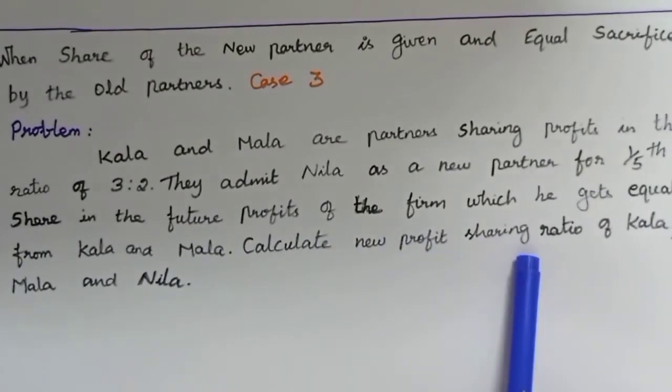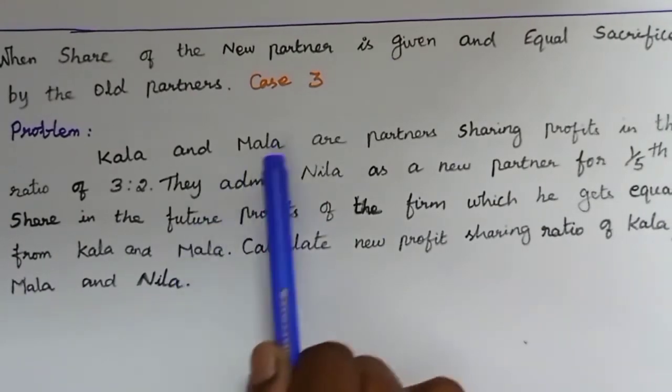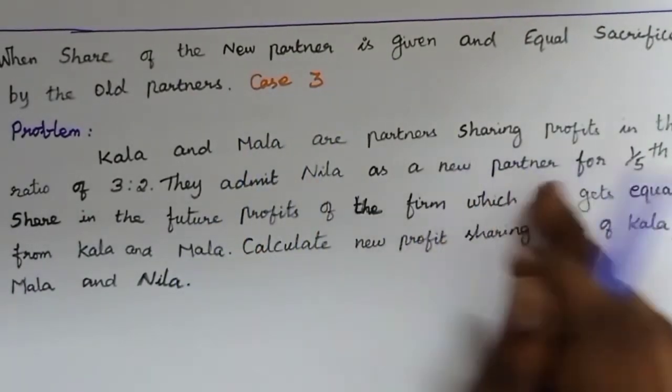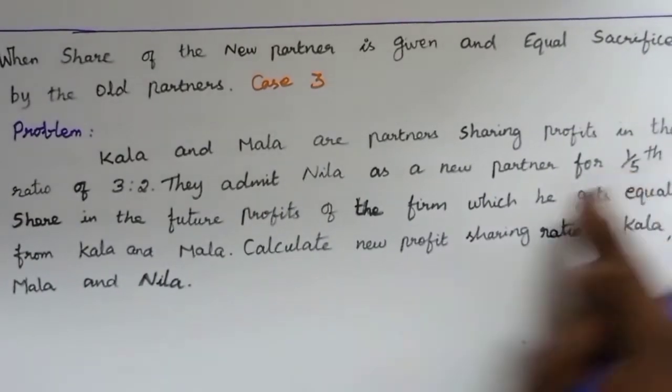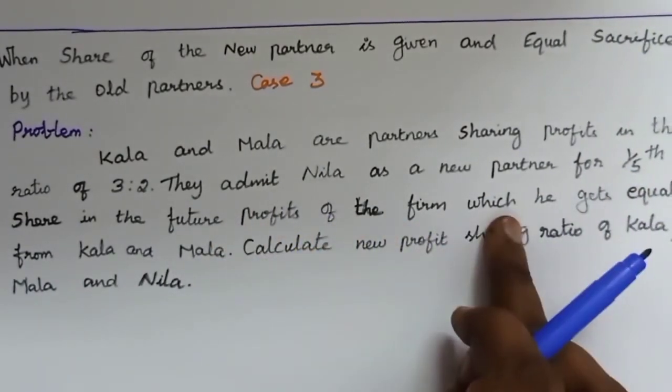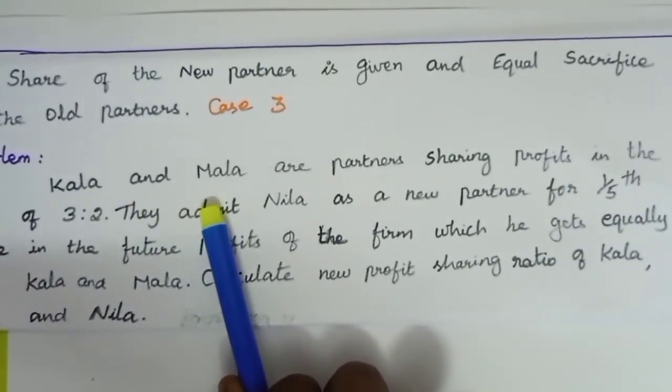Calculate new profit sharing ratio of Kala, Mala and Nila. In this case, the new partner's new share is given. Also, the sacrifice is equal. Equal sacrifice made by the partners Kala and Mala.